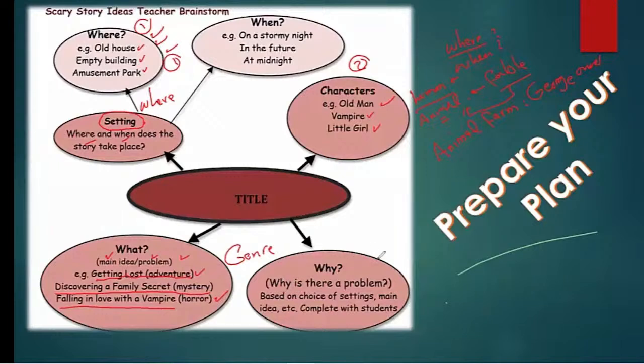Finally, one of the vital core points in story writing is why you write. What is your problem in the story? Why is there a problem and how can it be solved? So again, what should I focus on in my plan? Number one, your characters.